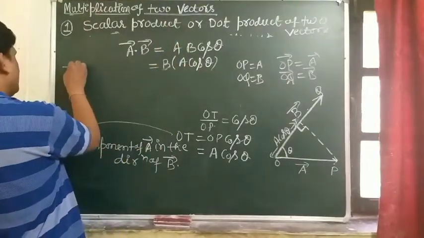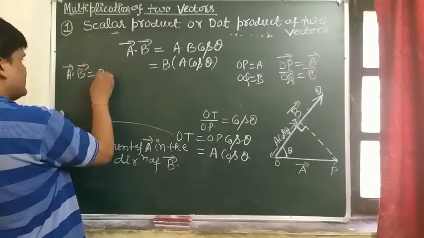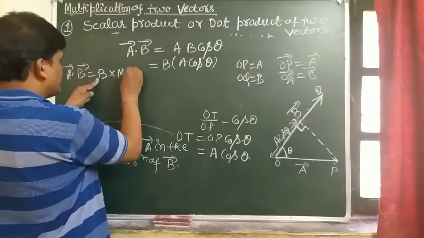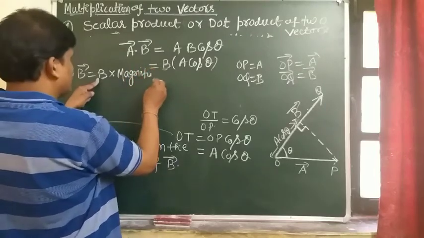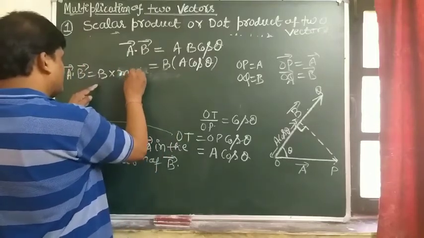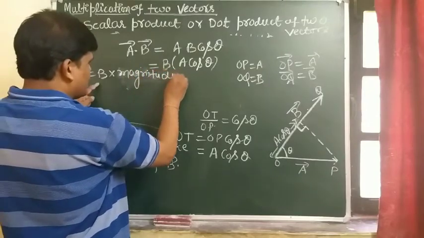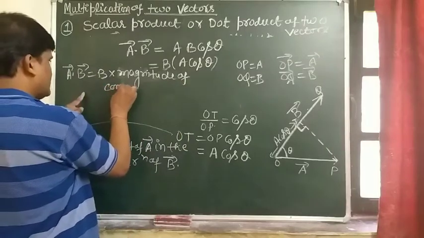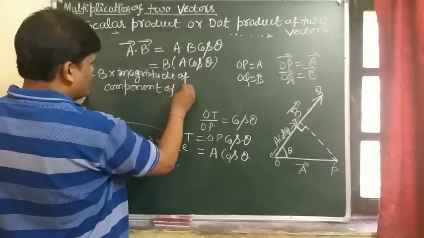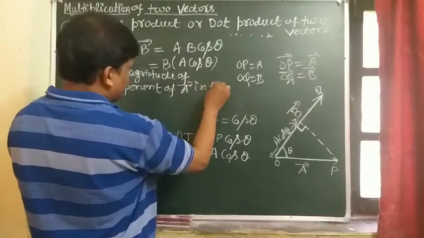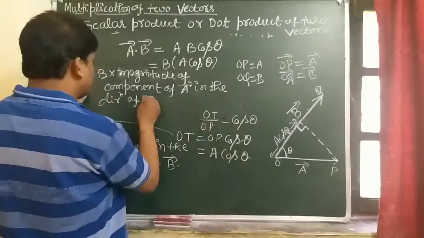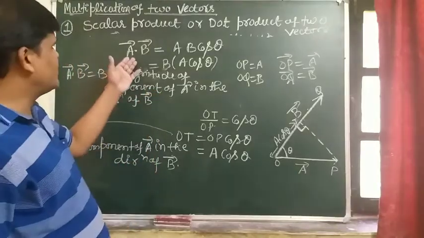So vector A dot vector B can be written as the magnitude of the second vector into the magnitude of the component of vector A in the direction of the second vector, that is vector B.